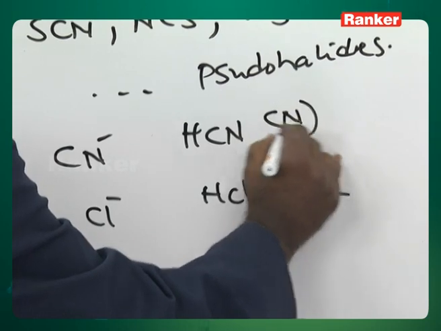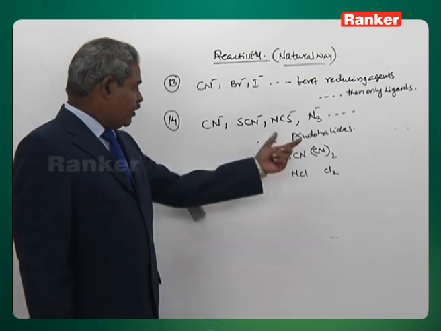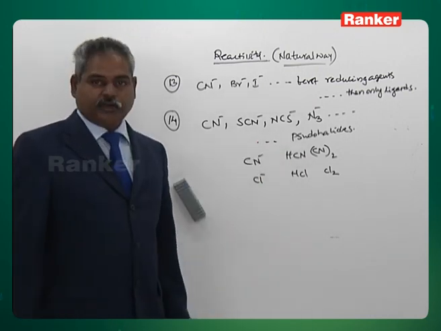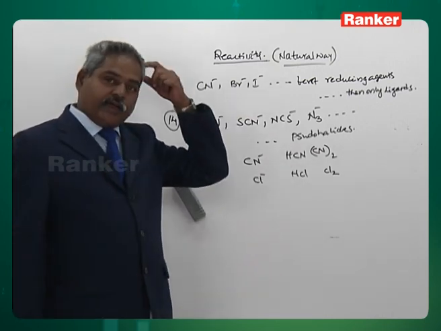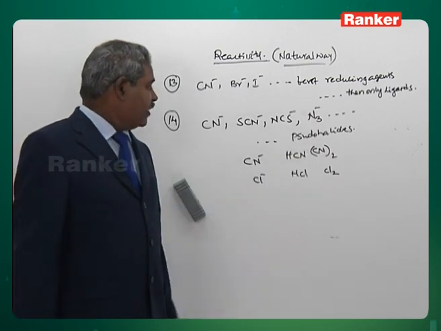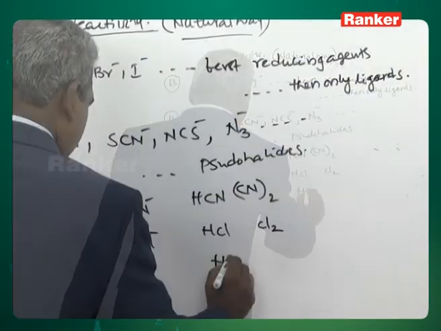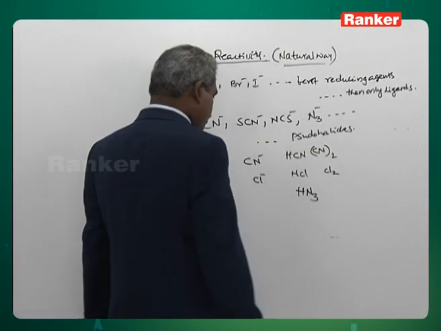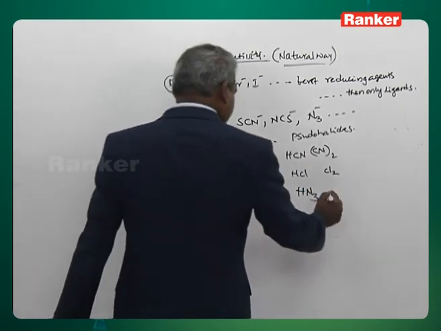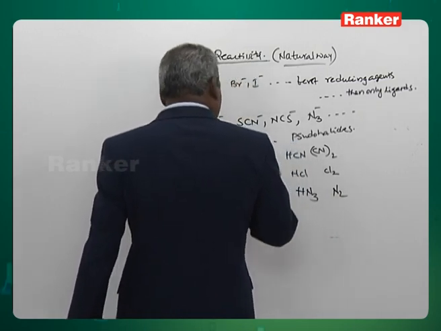I will also exist as CN twice. Cyanogen, they even have taken the name gen there, halogens, cyanogen, thiocyanogen, isothiocyanogen. And you definitely know azide N3 minus wants to become N2 because all nitrogens want to become once again diatomic. HN3, it forms hydrazoic acid, HN3, hydrazoic acid, in which nitrogen of course is minus 1 by 3, and it exists diatomic N2. What else? So, N3 minus. So, these are all called pseudo halides.